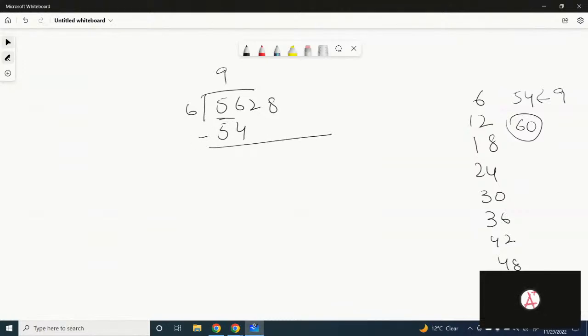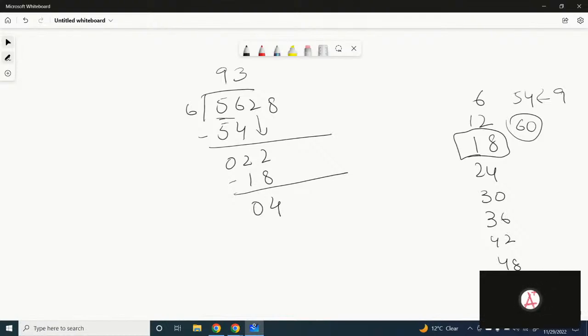Just subtract them. 6 subtract 4 is 2, and 5 subtract 5 is 0. 2 is smaller than 6. Got it? Bring the next digit down to make it greater than 6. Now 22 is greater than 6. So we can go for 6 times 3 is 18. Just subtract them. 22 subtract 18 is 4.